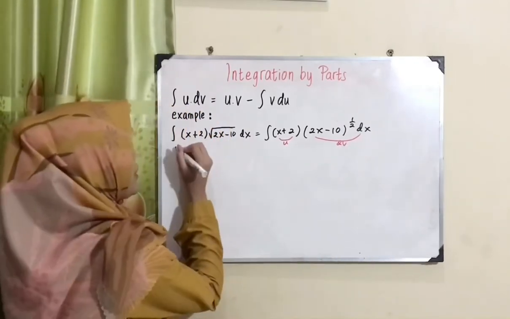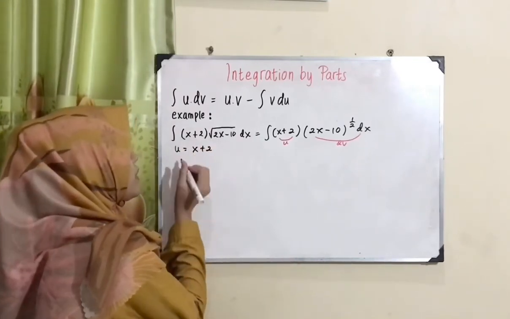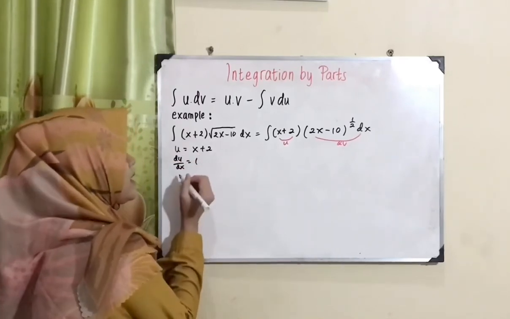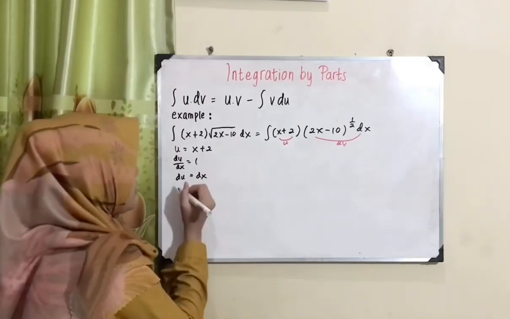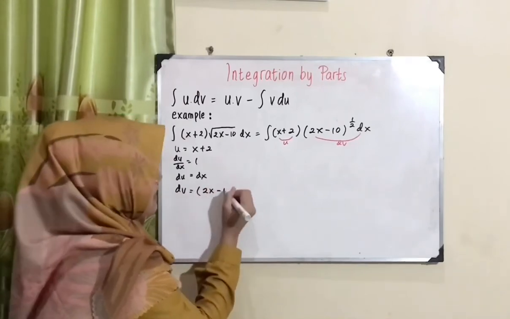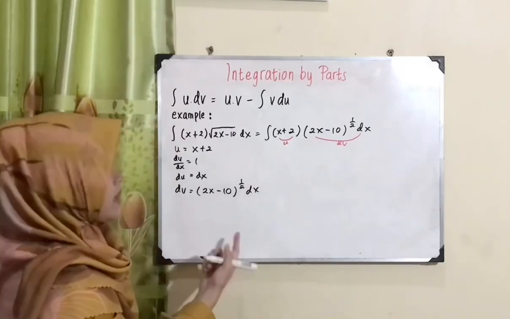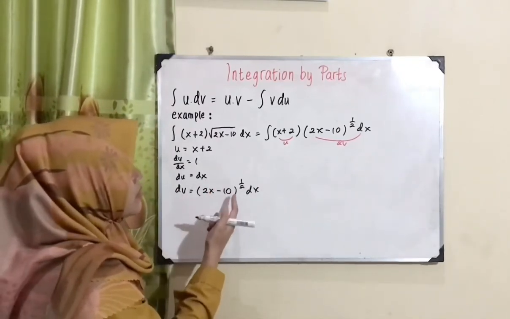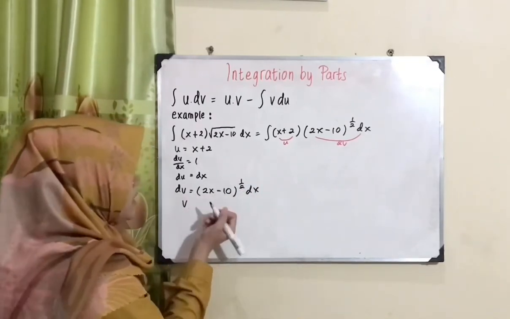And then u is equal to x plus 2, and the derivative of u, du over dx, is equal to 1, and then du is equal to dx. And dv is equal to (2x minus 10) to the power of 1 over 2 dx, and then the integral of dv, the integral of (2x minus 10) to the power of 1 over 2 dx, is equal to v.